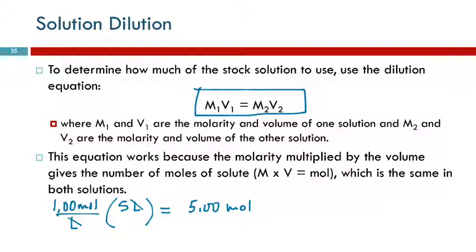You've changed the overall volume, but the orange goodness stays the same. So the moles of solute is like the orange goodness. You're adding water, you're making it less concentrated, but the number of moles stays the same. So M1V1 gives us the number of moles of solute. When we dilute this, the volume goes up and the molarity goes down, but we still have the same amount of solute.